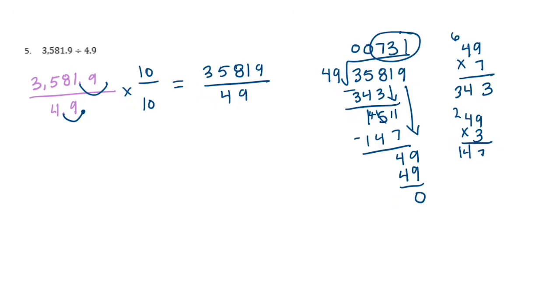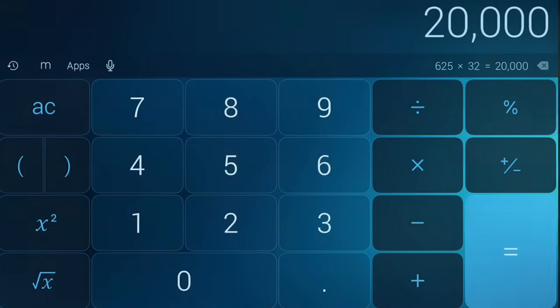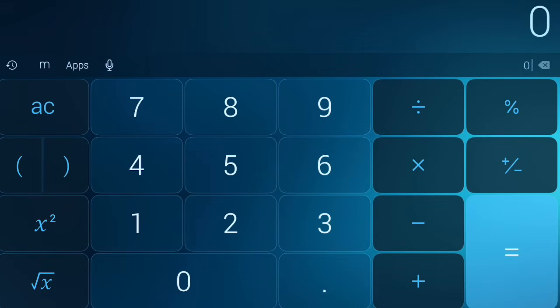We did 35,819 divided by 49 was equal to 731. And we can check that by doing 35,819 divided by 49.